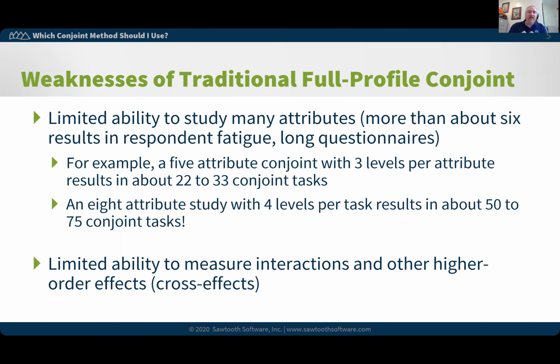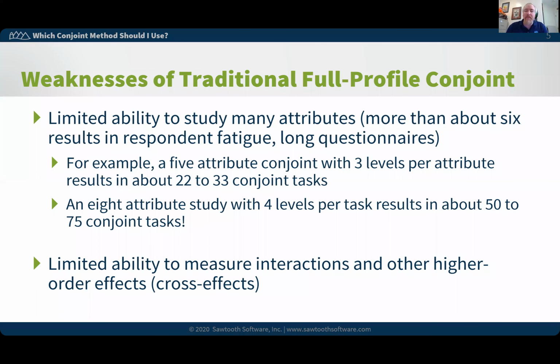And then we might have a price attribute, and you're paying $1 a bottle or $1.50 or $2 a bottle. And if you believe that there's an interaction between the brand and the price, for instance, the designer, unless you tell it ahead of time to look for that interaction, is going to create a design that's optimal for estimating brand on its own. And then it's going to create the design so that it's optimal for estimating the price on its own. But it may not have all the interactions of the brands and the prices.